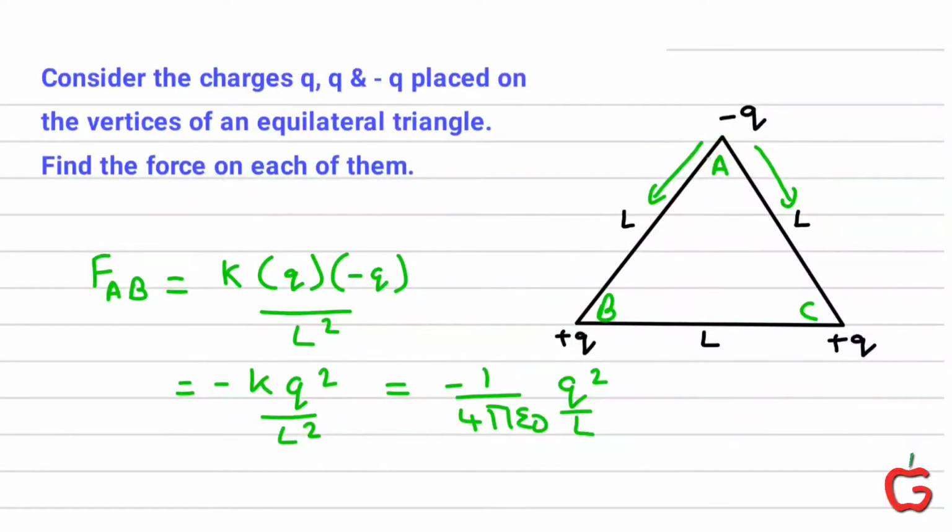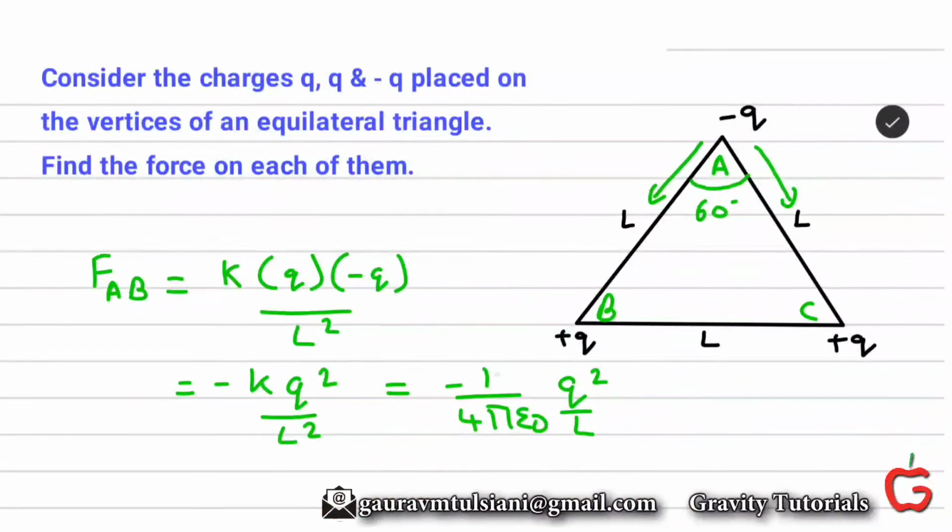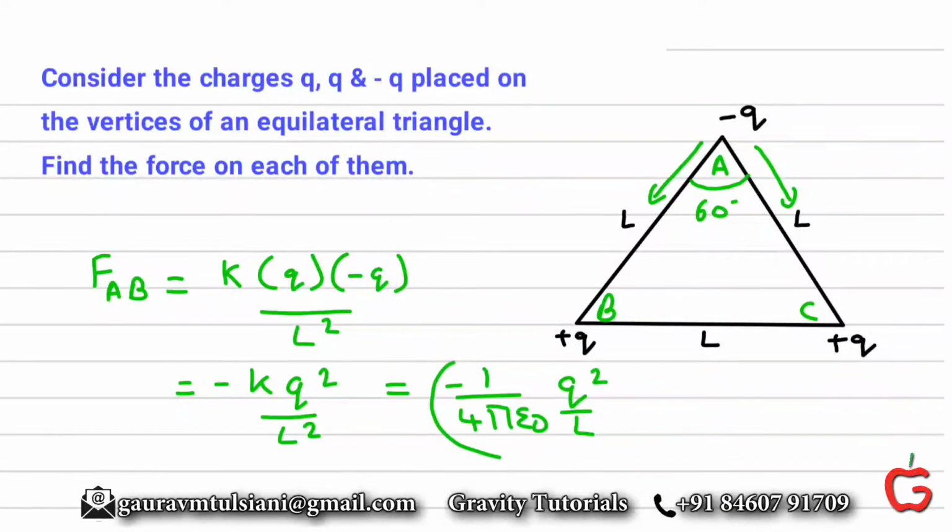Now, A is attracted by the charge placed on B and by the charge placed on C. The angle between these two forces is 60 degrees and the magnitude of these two forces is this much.